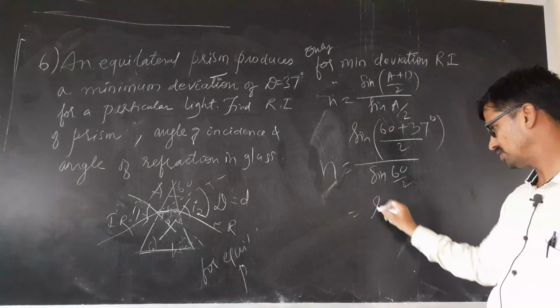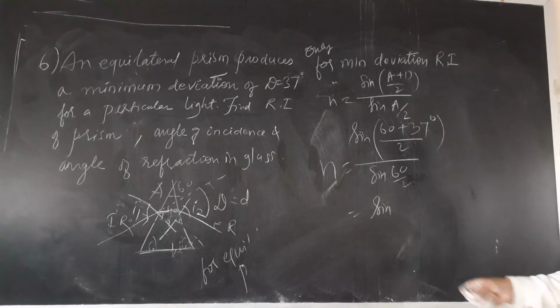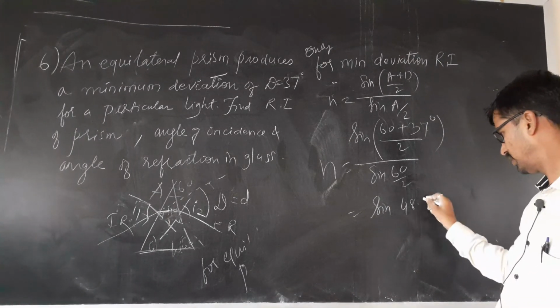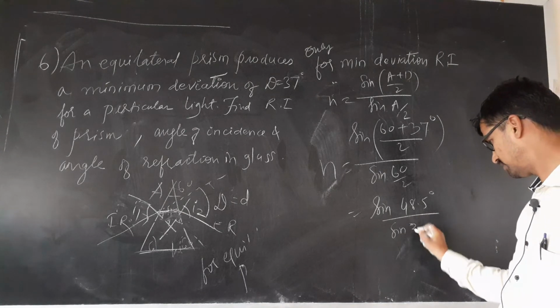Sine of 97 by 2 is how much? 48.5 degrees divided by sine of 30.